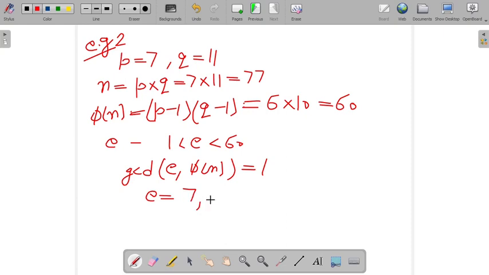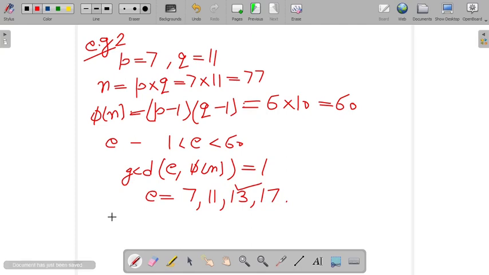No, you can't take 9. 10? No. 11? You can take 11 also. You can take 13, because 7 and 11 are already p and q. 13, I think 17, and so on. Choose the 13 one. Okay, let E is 13 at random.